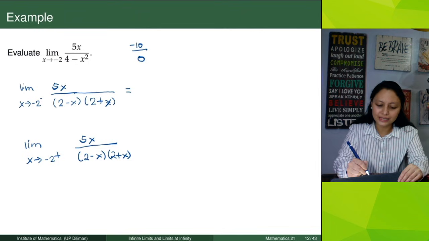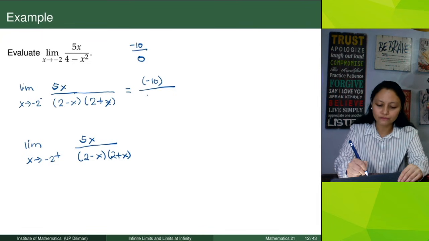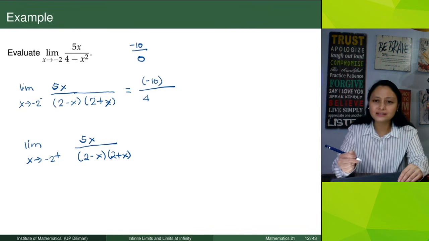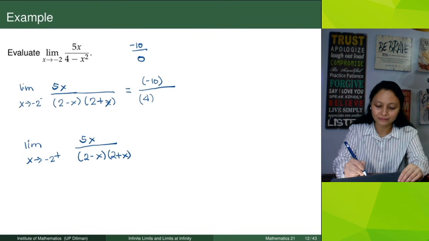So 5 times negative 2 is negative 10. In the denominator, you have 2 minus negative 2, that's equal to 4. If it's not 0, you don't have to write whether you're approaching 4 from the left or from the right. Sa 0 lang yon. Ito, 2 plus negative 2, ito yung 0.